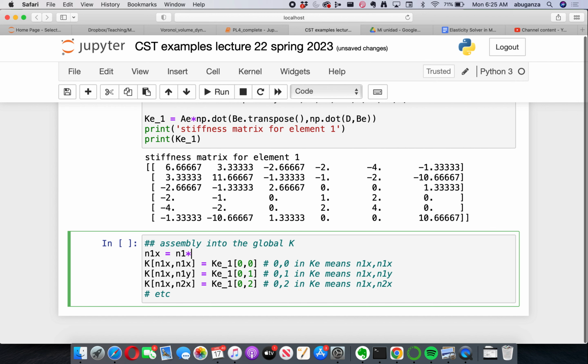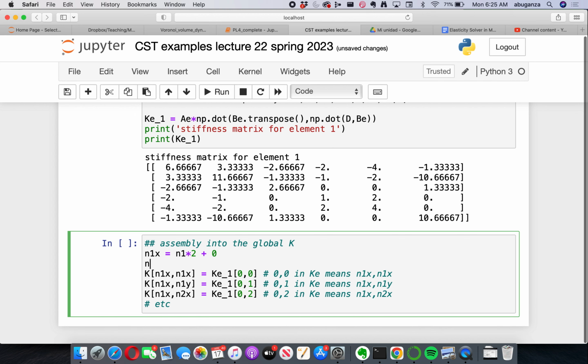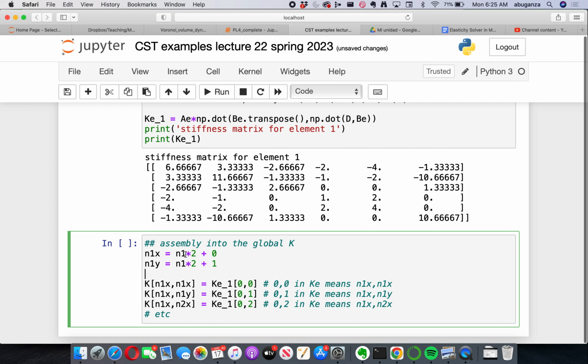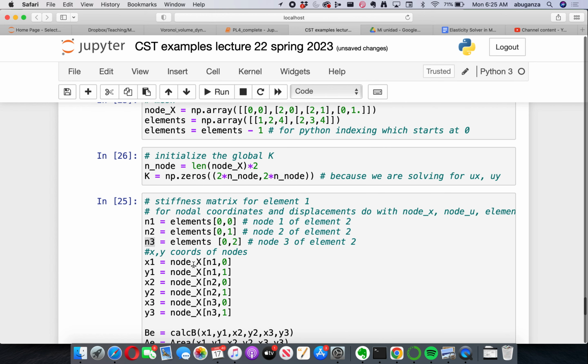And so the way I'm going to do this is like this. n1x is the node times 2 plus 0, and n1y is the node times 2 plus 1. So you can see that now from every node number I am going to get 2 different numbers. The reason for doing it like this is that if I use all the nodes, I will use basically 2 times the number of nodes.